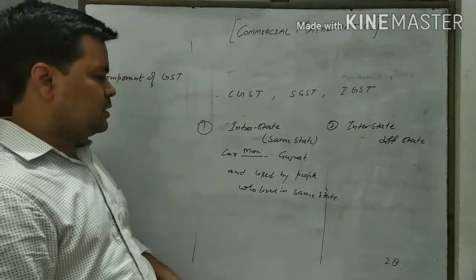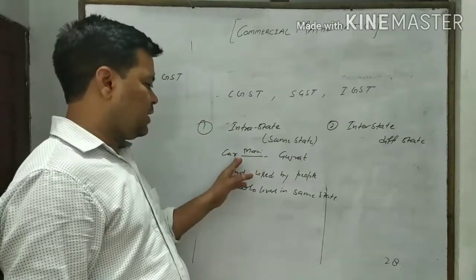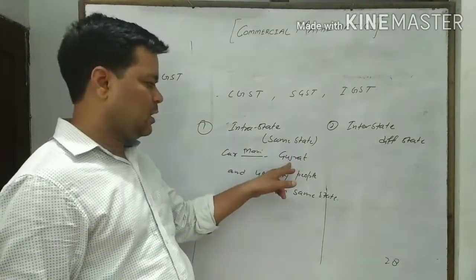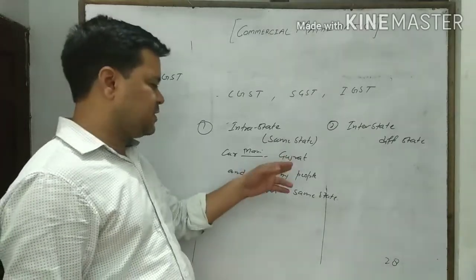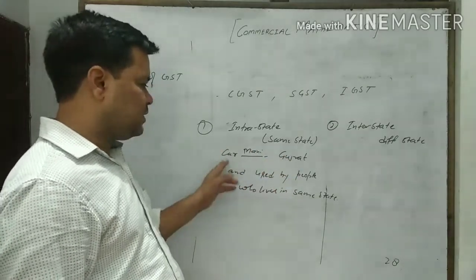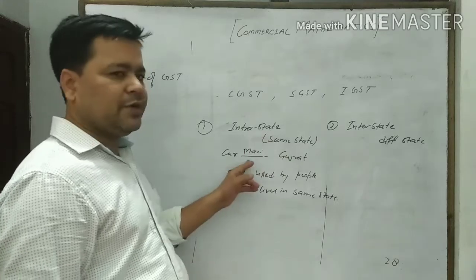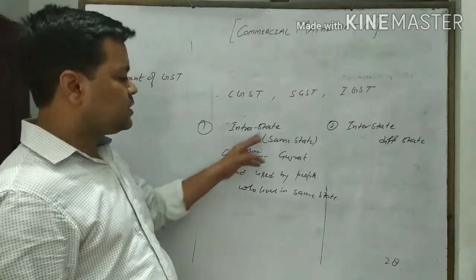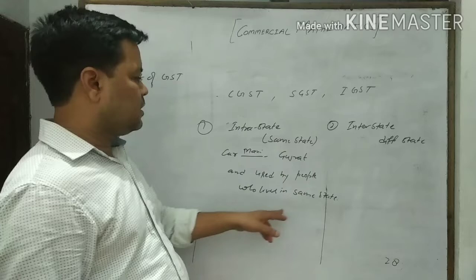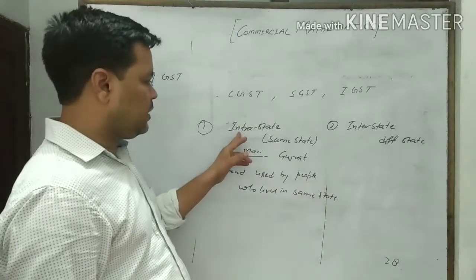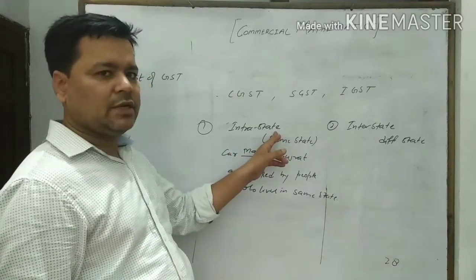Means from where the car is manufactured, the person of the same state is driving the car, using the commodity, that is car. This type of condition is under intra-state. Getting?